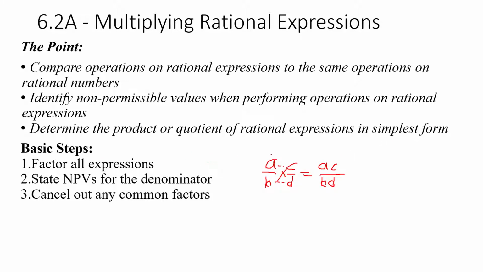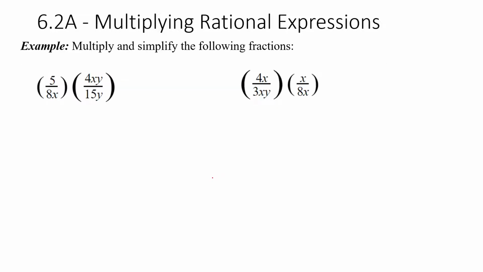The basic steps of this: you're going to factor all of your polynomials. If a, b, c, or d is in a binomial or trinomial form, factor it as much as you can, and then state the non-permissible values, and then cancel out any of your common factors.